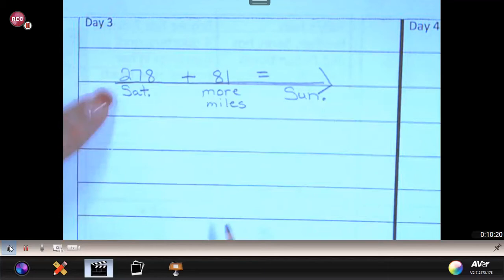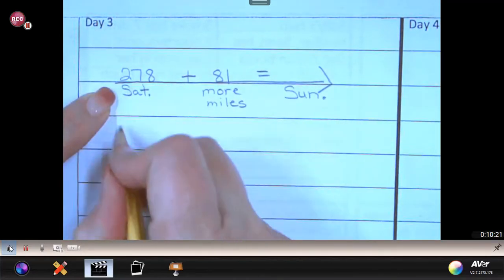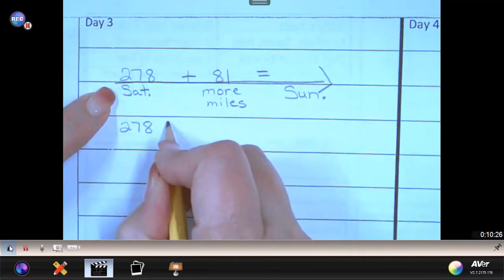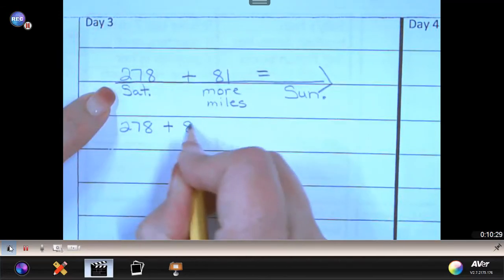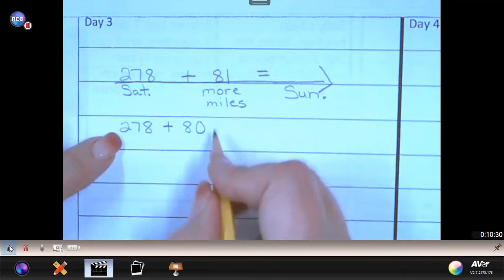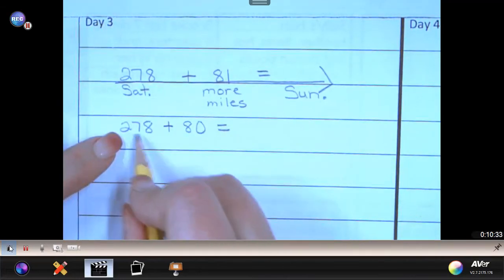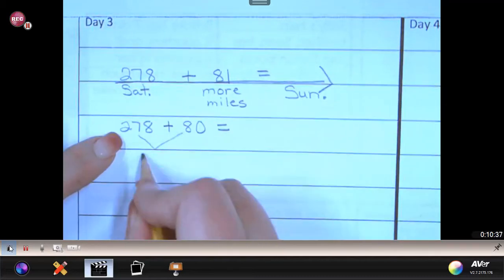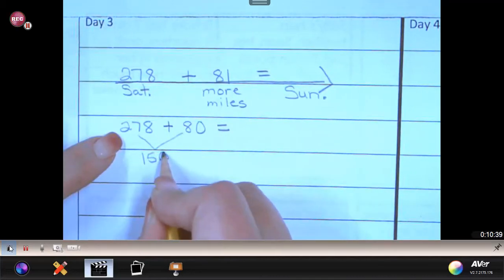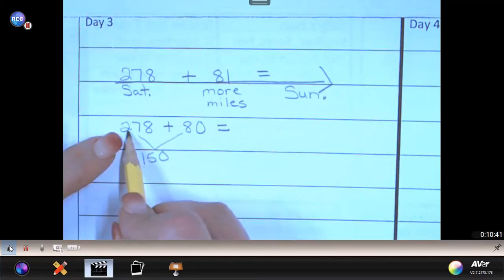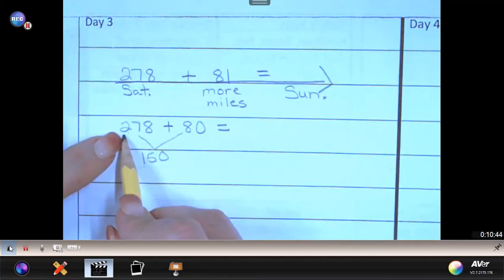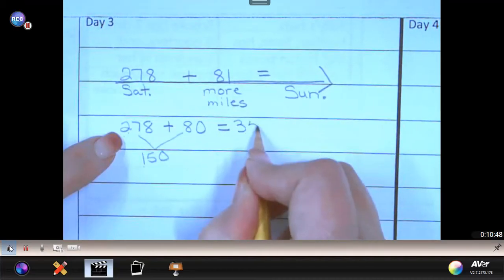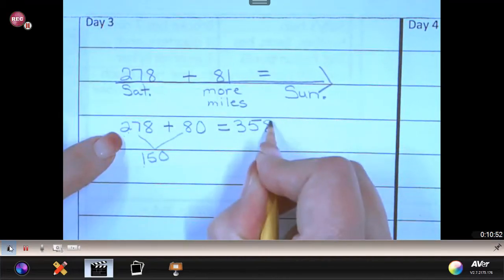So we know that we could take 278 and add on 80. And if we add on 80 to 278, remember that 70 and 80 is going to give you 150, which means you're going to regroup this 100 into the hundreds place with the 200. So that would make 358.